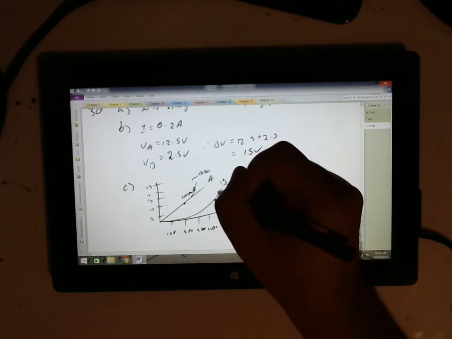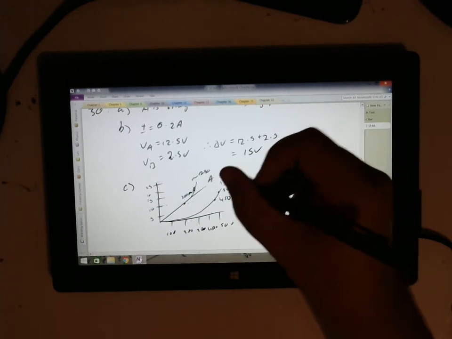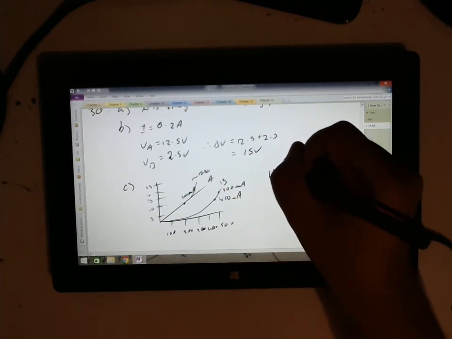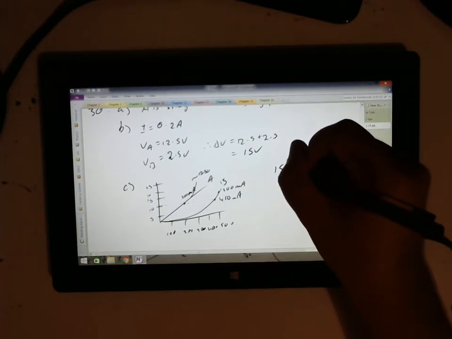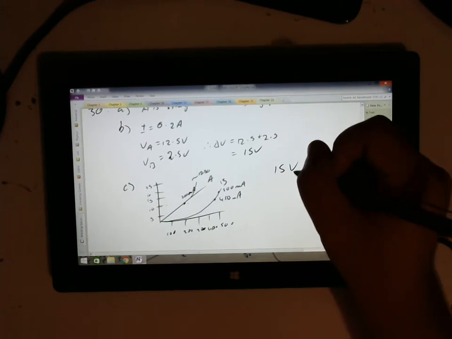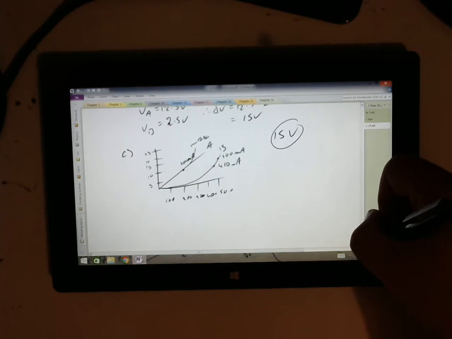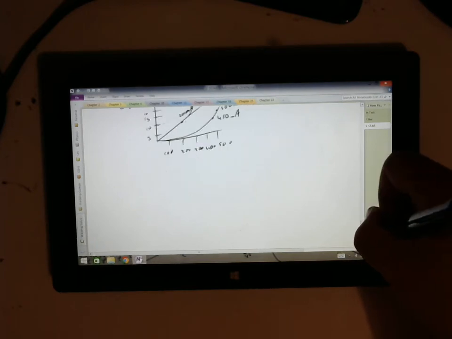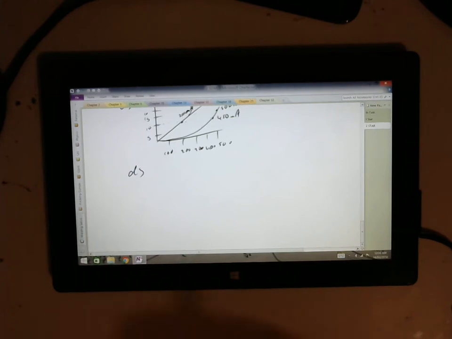We keep going across to here, and it comes up at 500 milliamps. That would make A equal to half of B. So 15 volts is going to be our answer for C. Yeah, good question, but really just requiring you to interpret and use a bit of logical reasoning and application.